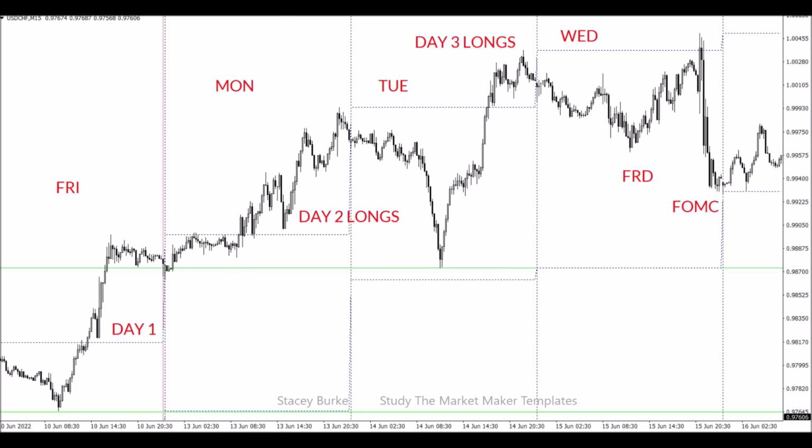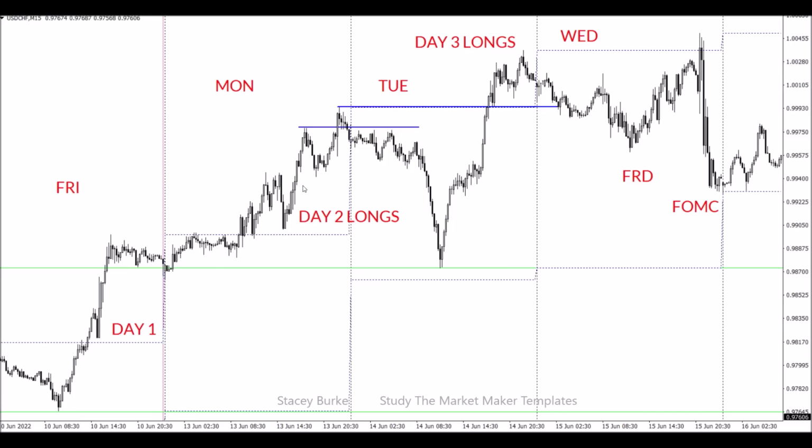Except that what we fail to see is that we have longs trapped in the market, and they've put a peak formation into the end of day 2 longs, gone into consolidation and broke down inside for a day 2 short in the Europe-London session. That reverses and turns into a trend trade in the U.S. session. That has now triggered the high of the day, and we have day 3 longs in the market.